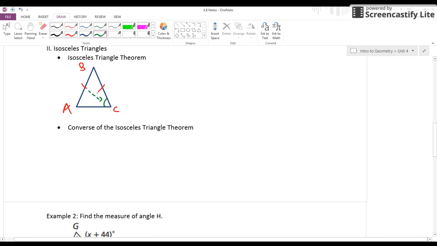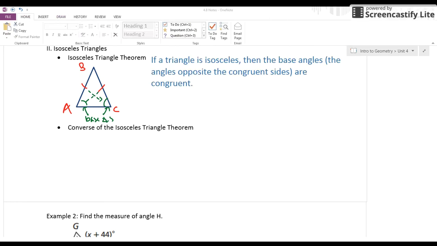So these are what we call base angles. The isosceles triangle theorem says that if your triangle is isosceles, then the base angles are congruent. So let's jot that down first, and then we'll finish off that diagram. Just a reminder, if you need to pause to write the stuff down, definitely do so. But I'm going to continue talking.